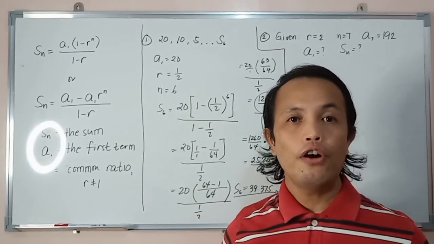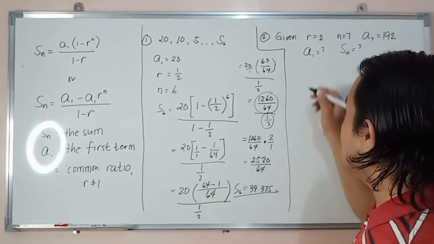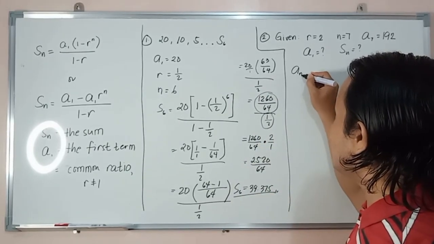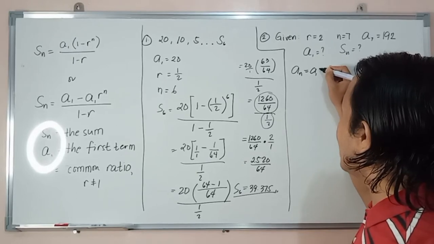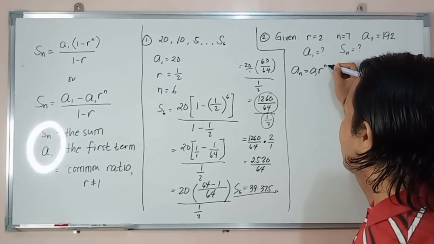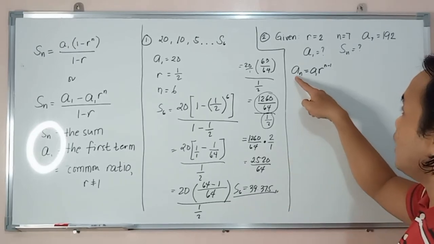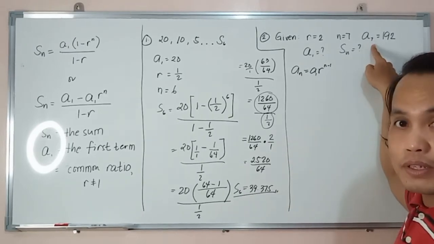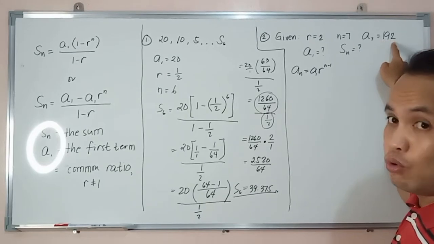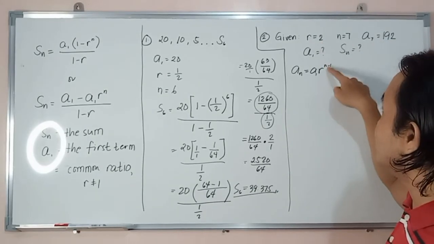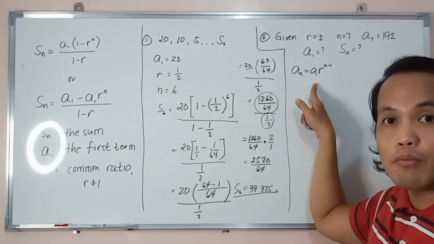So to solve for a sub 1, we will be using this formula, which is a sub n equals a sub 1 times r raised to n minus 1. In this case, since we have a sub 7, which is 192, and we have the r and we have the n, we can solve a sub 1.